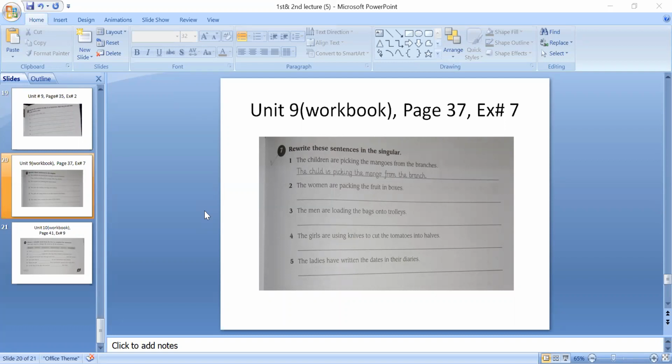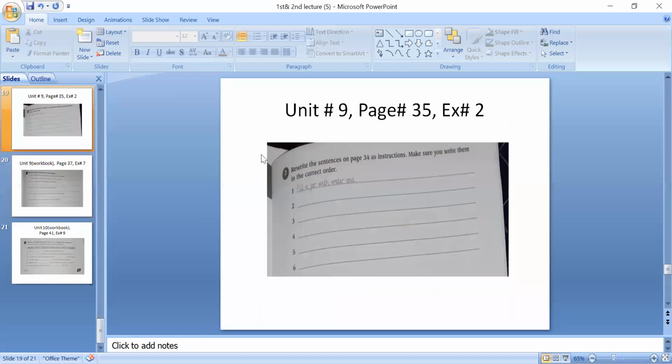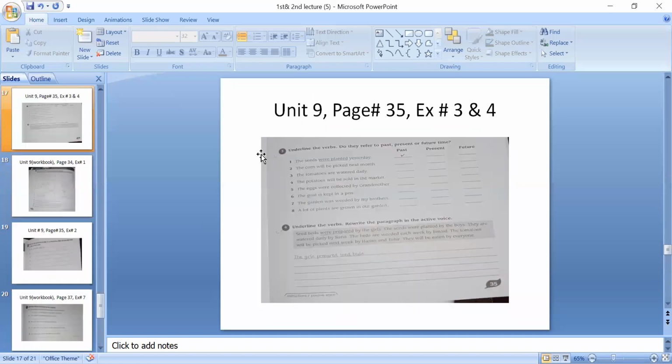Now you are going to do next exercise. Class 5, beta, you are going to do next exercise. It's unit number 9, page 35.